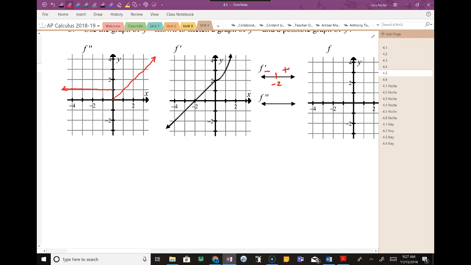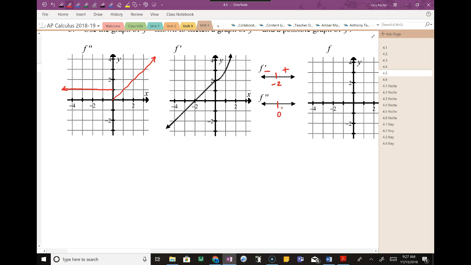Okay, when we look at the second derivative, we're looking at the concavity. Can you tell me where the critical number exists? Okay, could be, yeah, kind of 0. 0 might be critical because there's a discontinuity maybe in there.